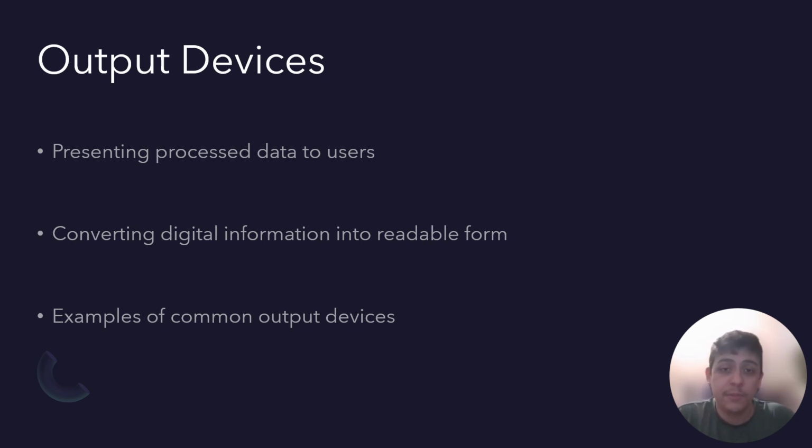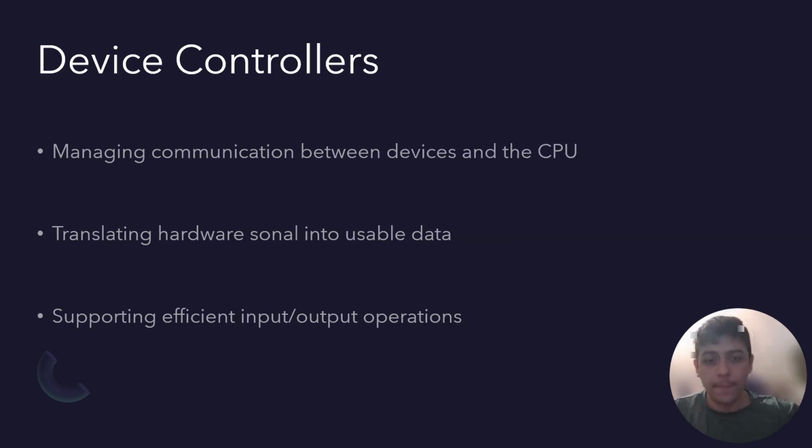Output devices perform this conversion by displaying images, producing sound, or generating printed material. Common output devices include monitors, printers, speakers, and projectors. For example, when a user runs a program or opens a document, the monitor displays the results of the computer's processing so that the user can view and interact with the information being presented.